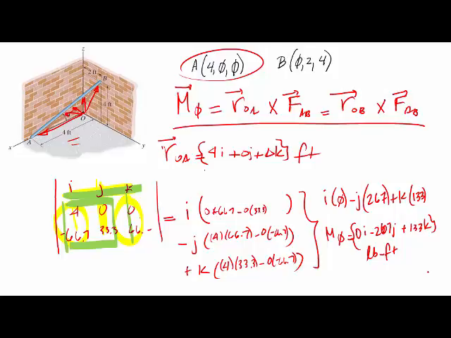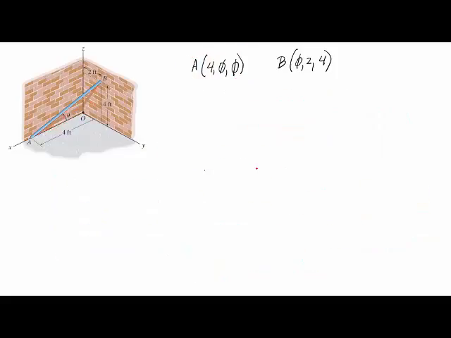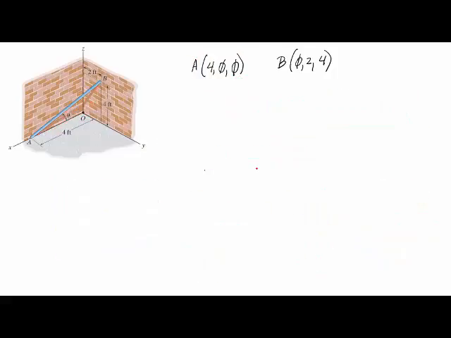What is the magnitude of that moment? Okay, so the magnitude of that moment, and let me go to the next, no, continue recording. So the magnitude of that moment would be what?